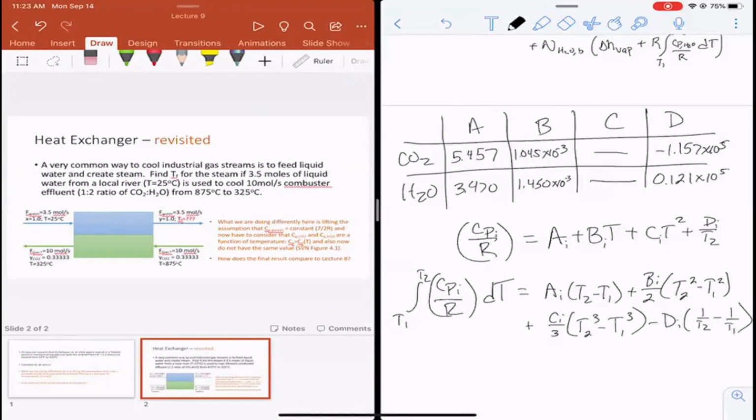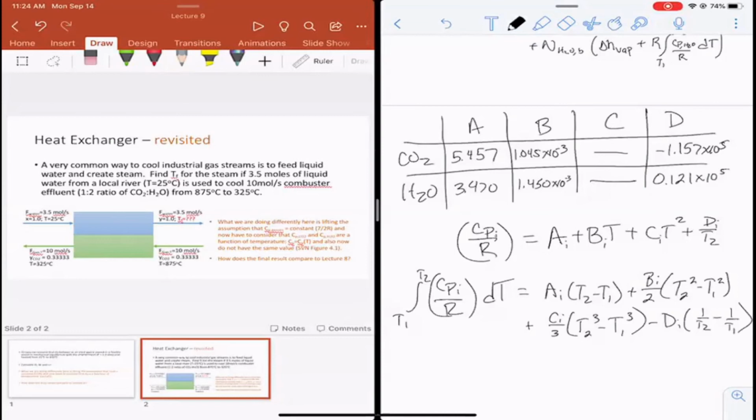And for CO2 and water in the green stream, the initial temperature T1 is 875 degrees C, and T2 is 325 degrees C. And then for the water coming in the blue stream after it's been vaporized, we have T final, the thing that we're trying to solve for in red on the left, and the initial gas temperature T1 is 25 degrees C.